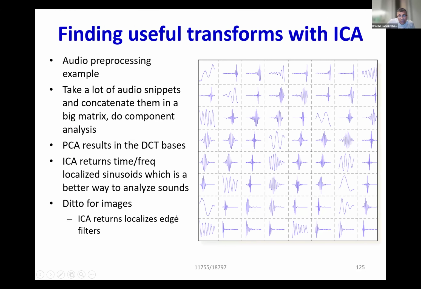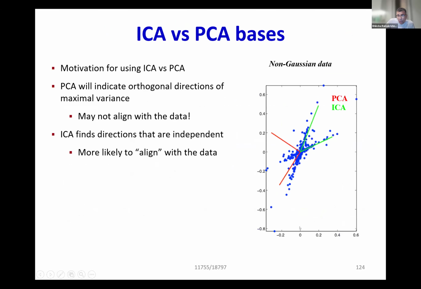Similarly, if I try to apply it to audio, the bases ICA pulls out begin looking like wavelets. So statistically, what does ICA do? If these were my data, PCA is going to pull out the directions of maximum scatter. It would pull out the two red axes as my bases.